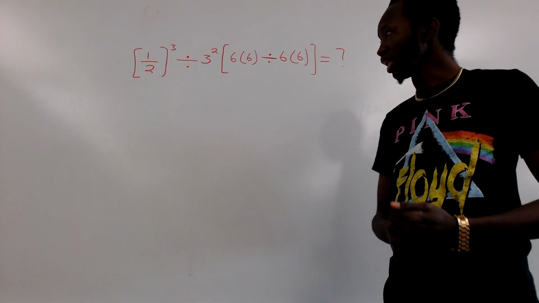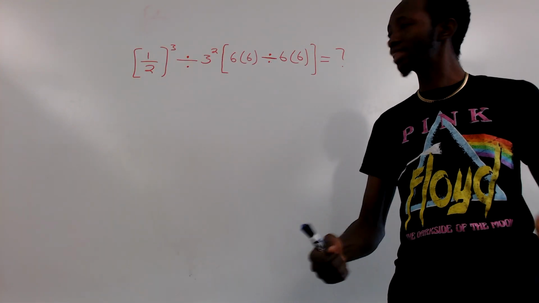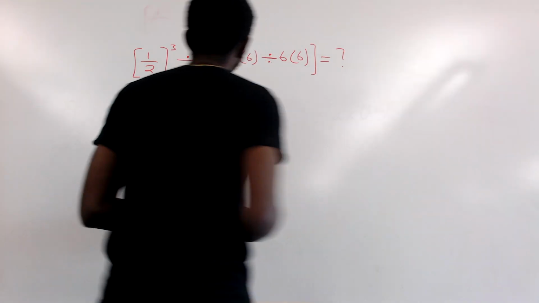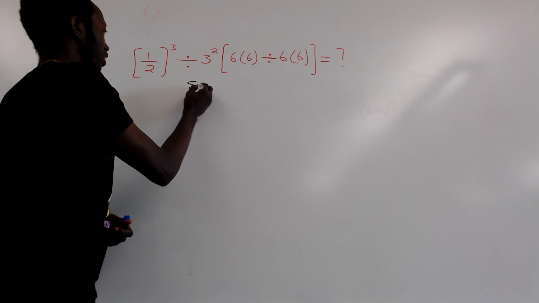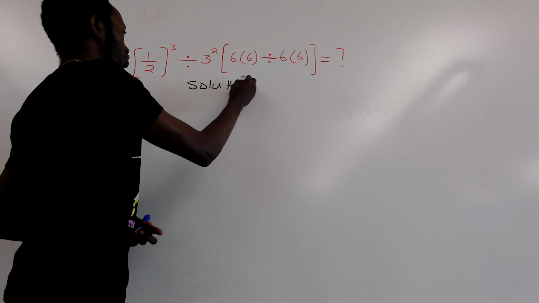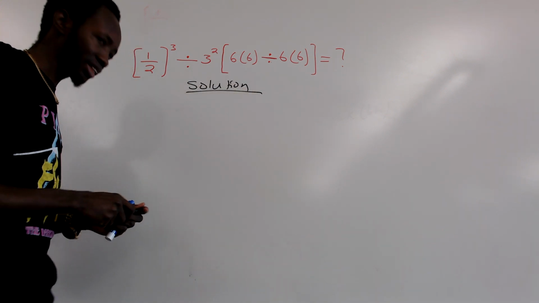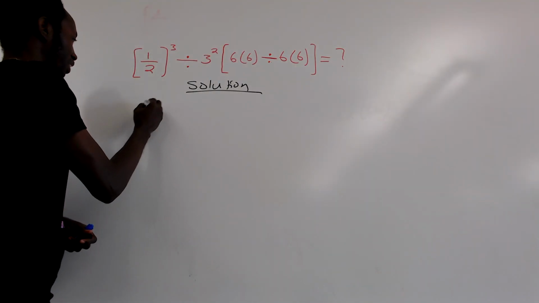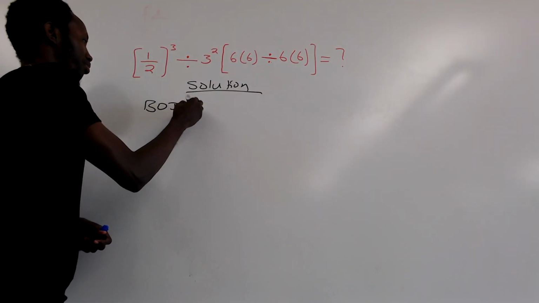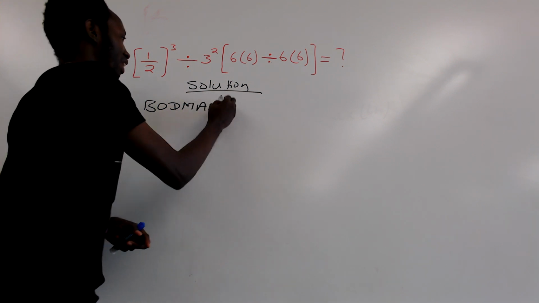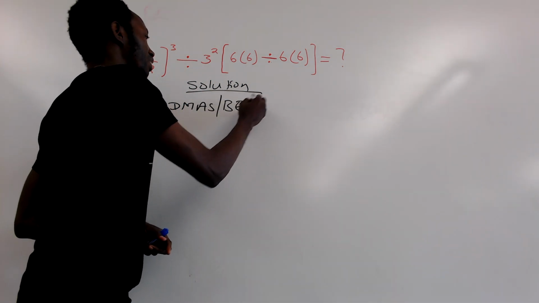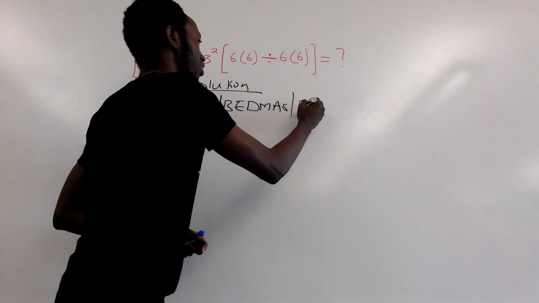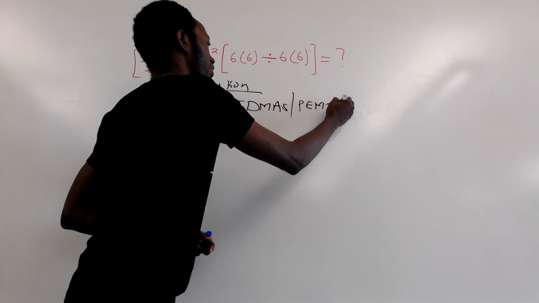So let's see the easiest way we are going to use to resolve this. Some of the words we need to take note of: let's consider BODMAS, which is widely used, or we can consider BEDMAS, which is also used, and PEMDAS.